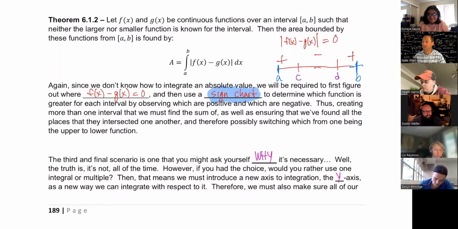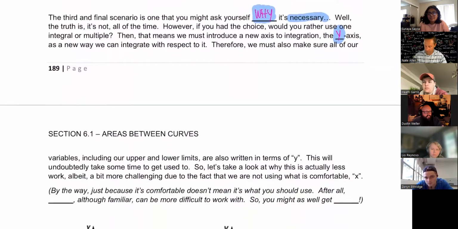Because sometimes it only makes sense to use the y-axis, not the x. And that's weird. And it's like, dude, we're just getting started with this. Why are you going to do that? Unfortunately, guys, I'll give you an example of why we will be using the y-axis. Some of these you can't do without it. Let me show you visually what I mean.